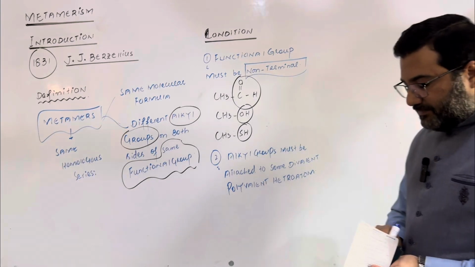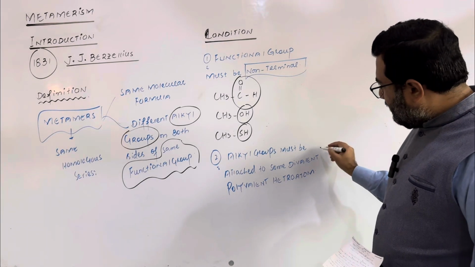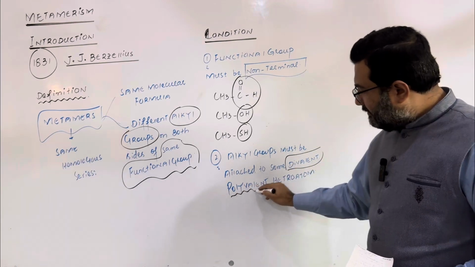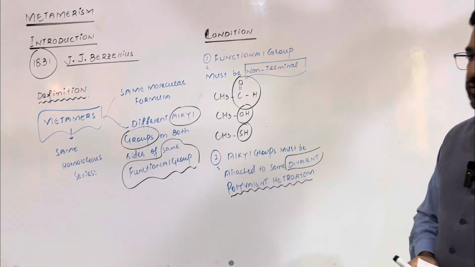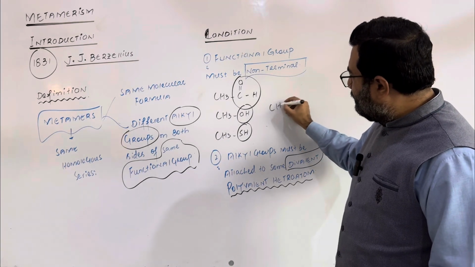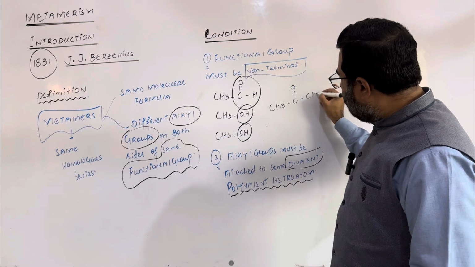So there must be some divalent or polyvalent heteroatom in the functional group, and that should be surrounded by the alkyl groups. Just like in case of ketones, I will take example of the simplest ketone, acetone.